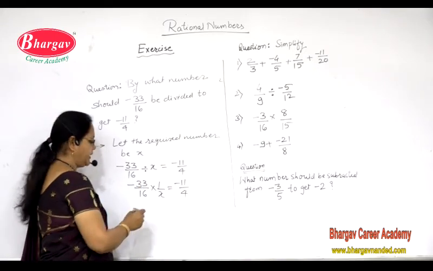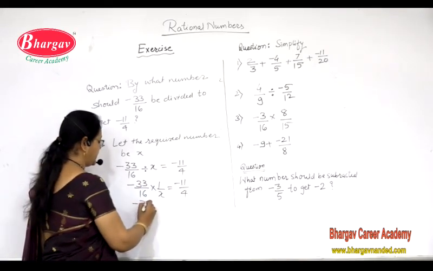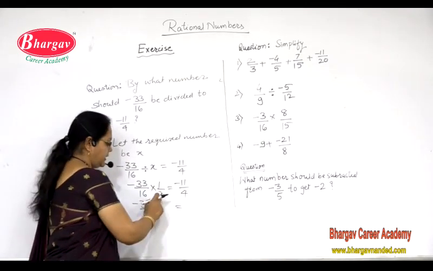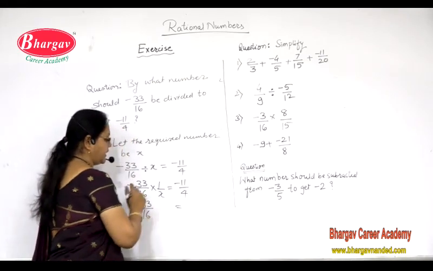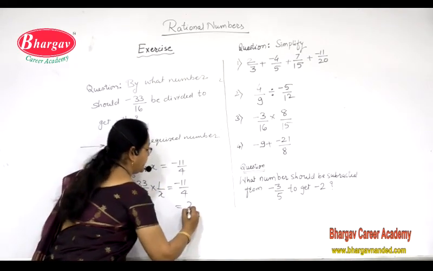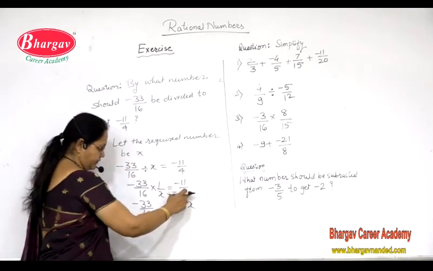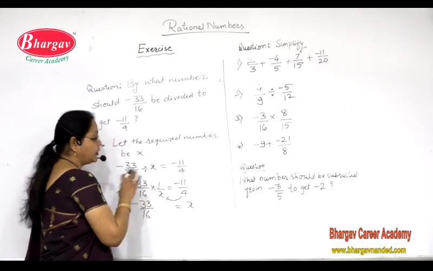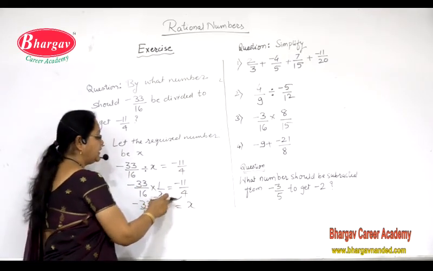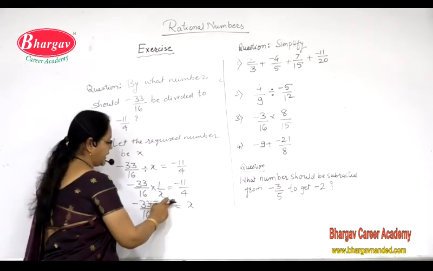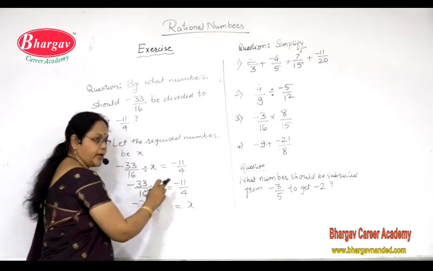The operation is multiplication. What I do? I write minus 33 by 16 as it is, equal sign. If I have to shift this x on the right hand side, division will become multiplication. I write it as x. And if I want to shift this minus 11 by 4 on the left hand side, what I do? I take the reciprocal. Don't change the sign now because we are shifting it in the form of multiplication. So don't change the sign. You keep the sign minus 11 by 4 as it is.